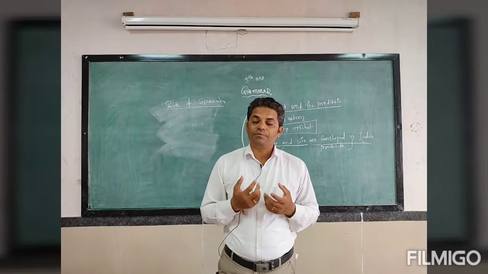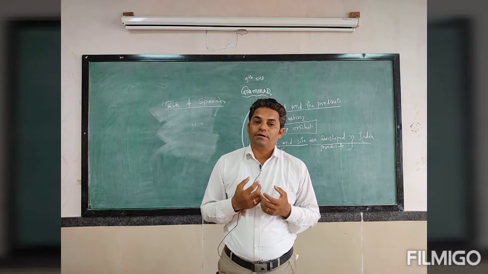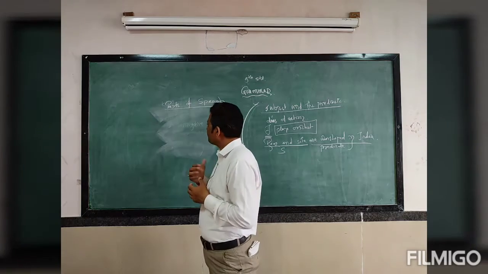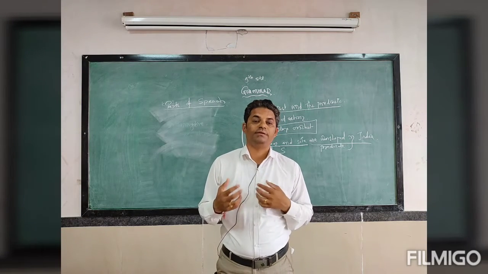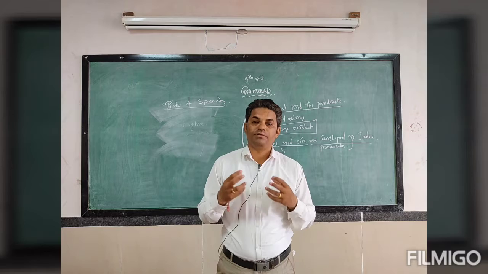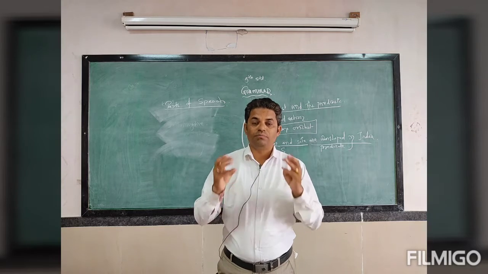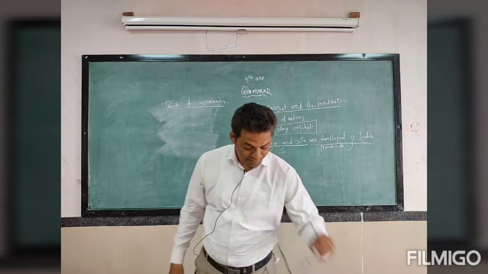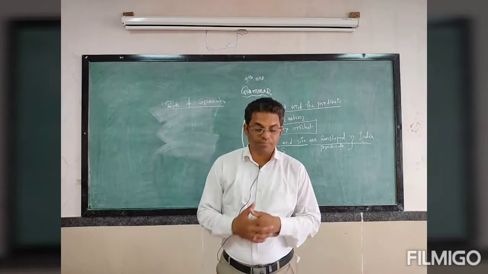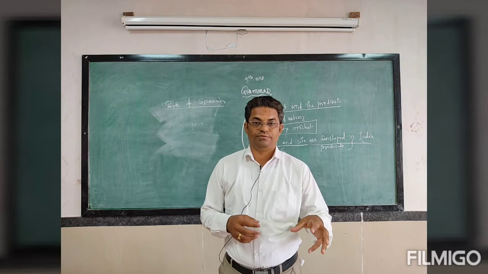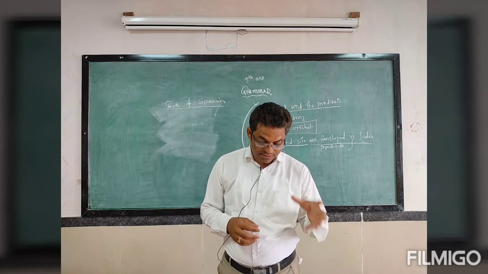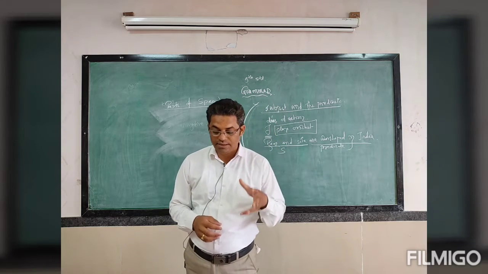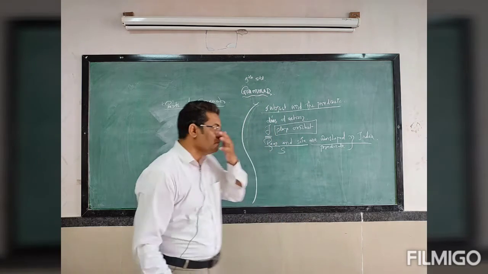So when we study parts of speech, only at that time it is decided what part of speech it is. So noun, pronoun, adjective, verb, adverb, preposition, conjunction and interjection. These are the 8 parts of speech.